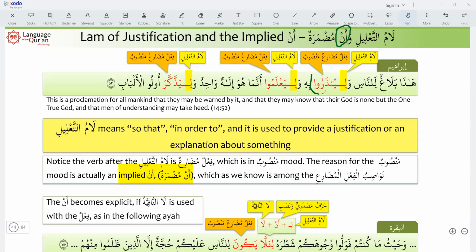Noon comes when it is marfu, and because of this lam ta'lil it becomes mansub. Fail mudari mansub. Because in this lam ta'lil, an is implied. This an, particle of nasab, is already implied.